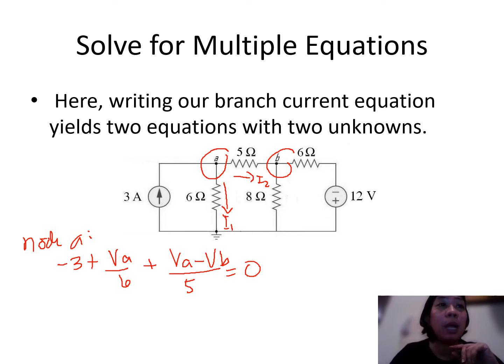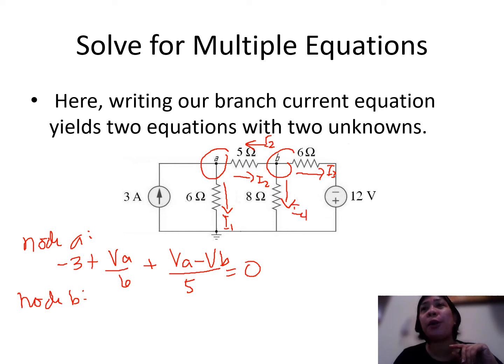So how do we write our node B equation? Assuming all of the currents again leaving point B, we have here VB. Let us call this I2, this I3, and this I4.